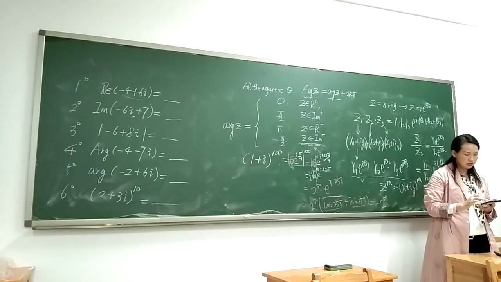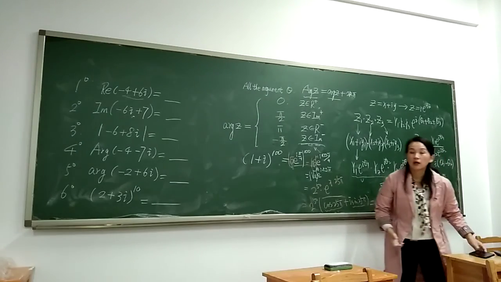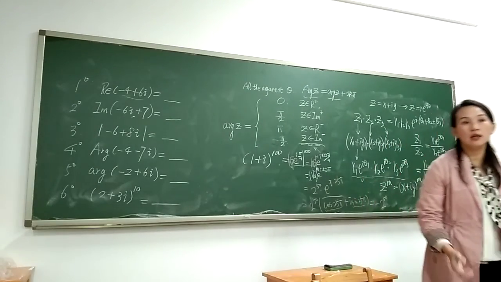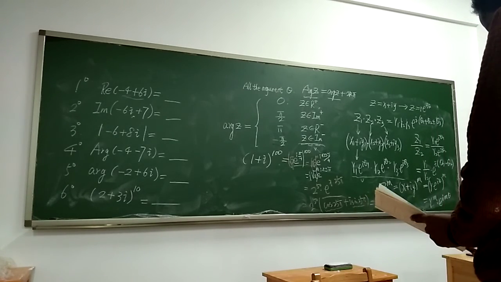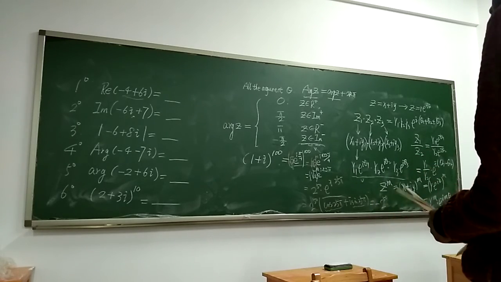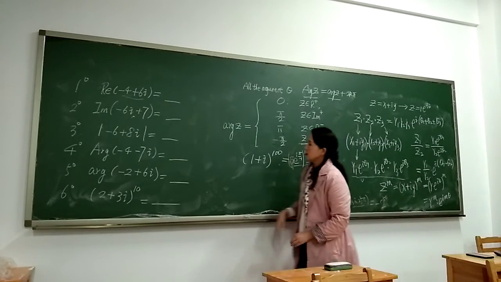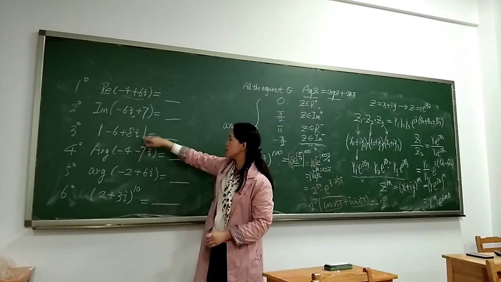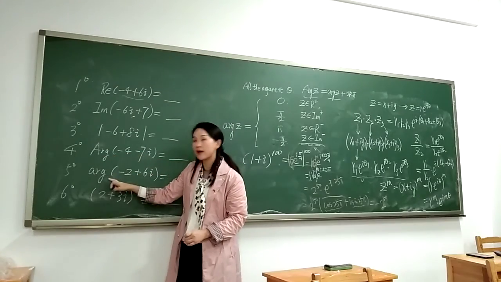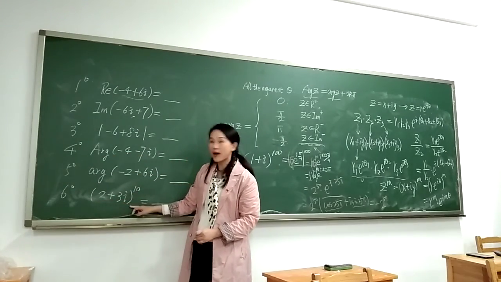About the third question, we have to give the answer in triangle form, not only the answer, but also in triangle form. This is the real part, this is the imaginary part, this is the modulus, this is the argument, this is the principal argument, this is the partial fraction.